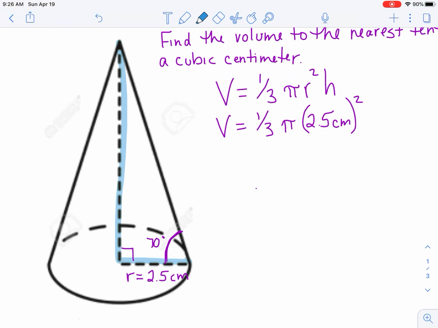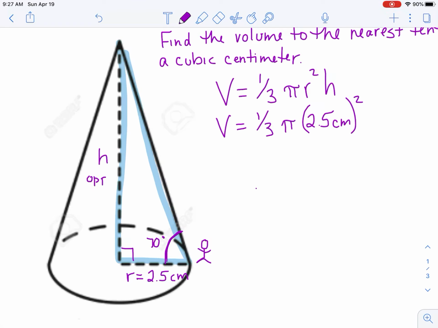Okay, so here we go. If I need to find the height of this cone, I should be able to use trigonometry because it's a right triangle. So here I am, standing at the angle of interest, and you label your sides, opposite, adjacent, and hypotenuse.